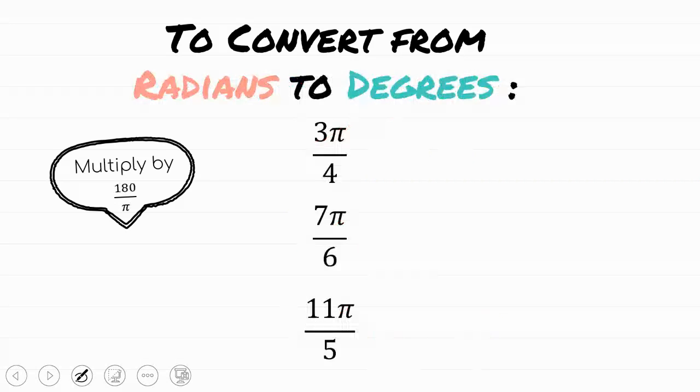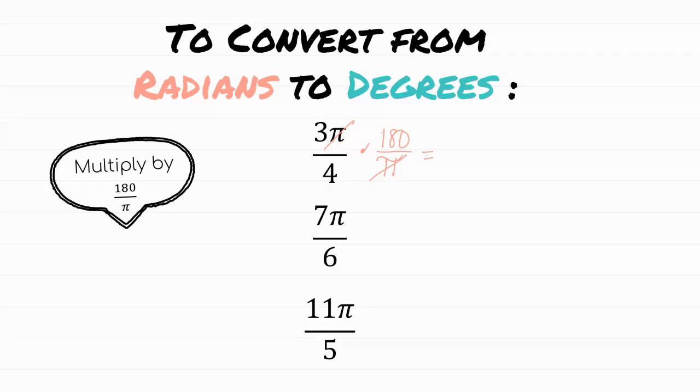Now, if I want to convert from radians to degrees, I'm going to do the same thing, except I'm going to multiply by the inverse. So this time I'm going to multiply by 180 over pi. When I do that, the very first thing that happens is these pi's cancel. And I'm left with 3/4 times 180.